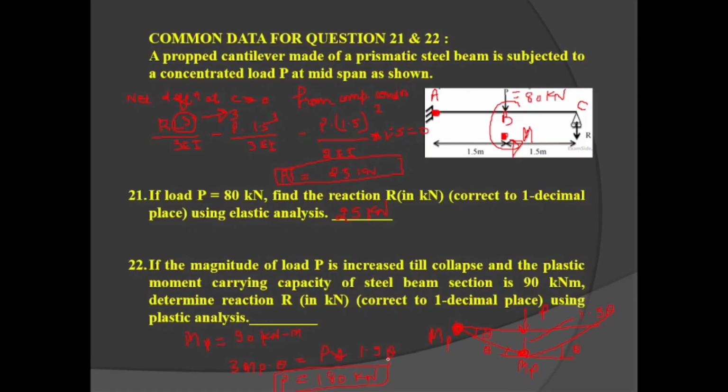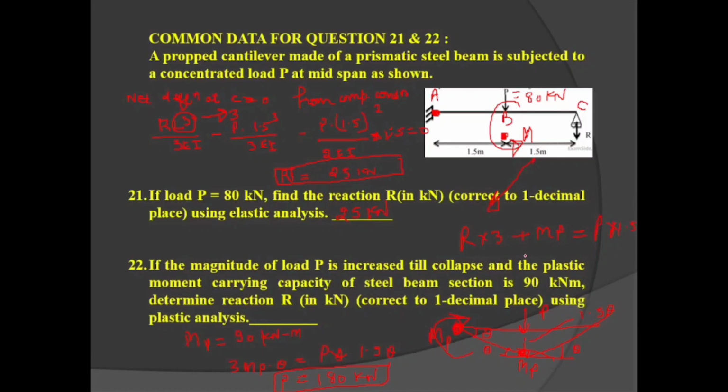But we have to determine the reaction value. That is R into 3. For this condition, summation of all the moments is equal to 0. R into 3 plus MP, because R gives the clockwise moment, MP gives the clockwise moment, must be equal to P into 1.5.